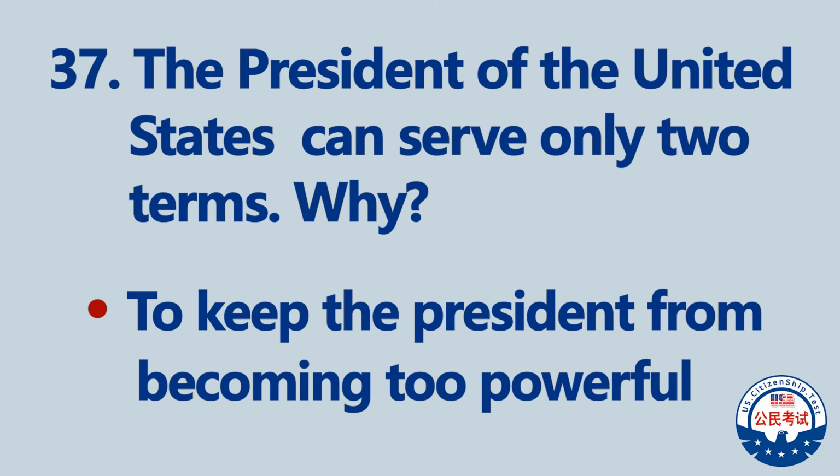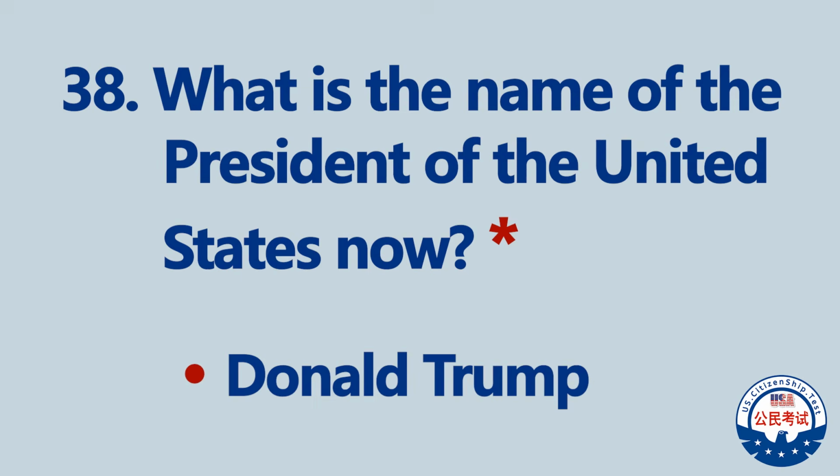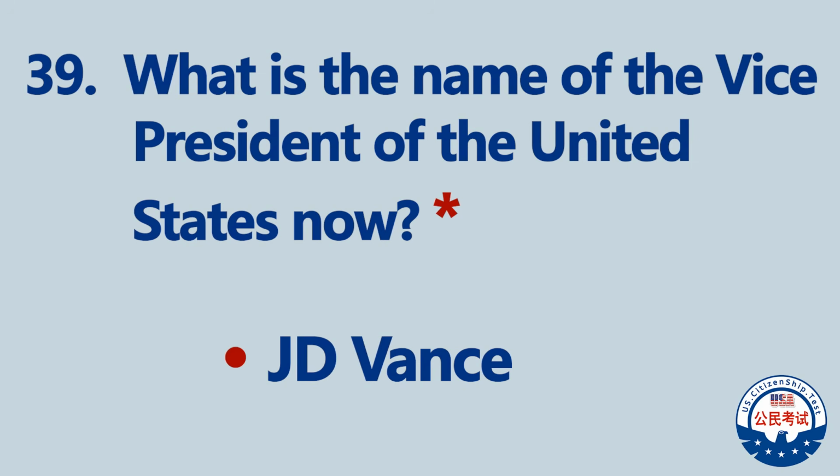Why? To keep the President from becoming too powerful. What is the name of the President of the United States now? Donald Trump. What is the name of the Vice President of the United States now? J.D. Vance.